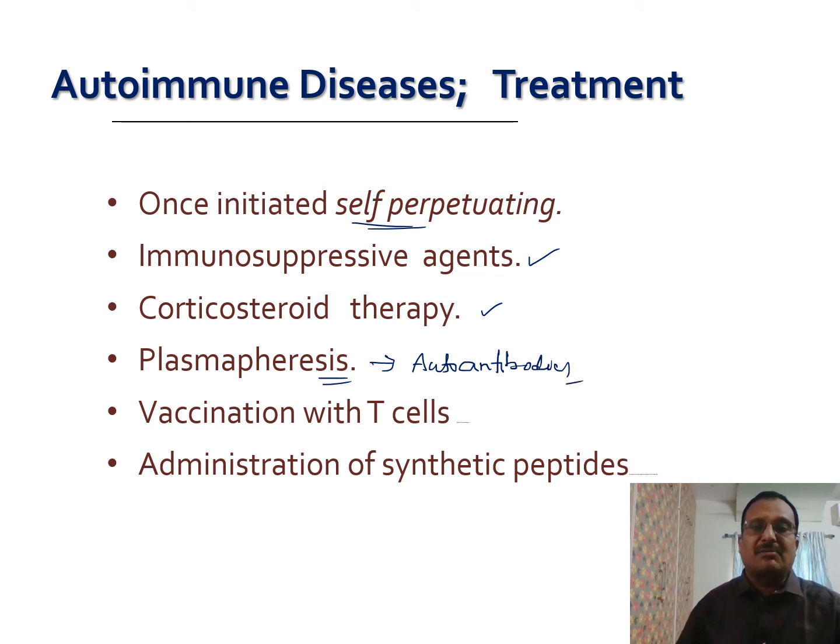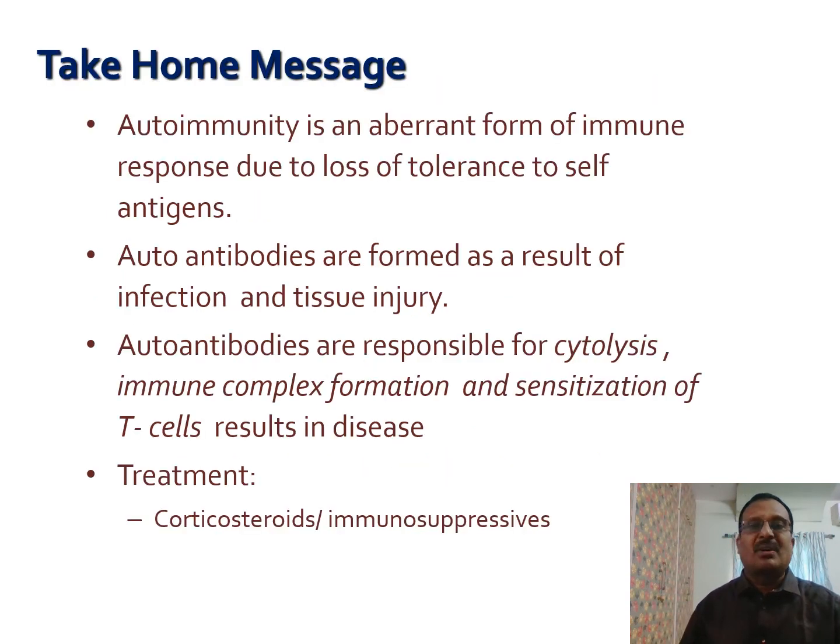Vaccination with T cells is not much used, though available, and administration of synthetic peptides. Among all, we mainly depend on immunosuppressive agents and corticosteroids to treat this autoimmune disease. And the take home message is that autoimmunity is an aberrant form of immune response due to loss of tolerance to self antigens.